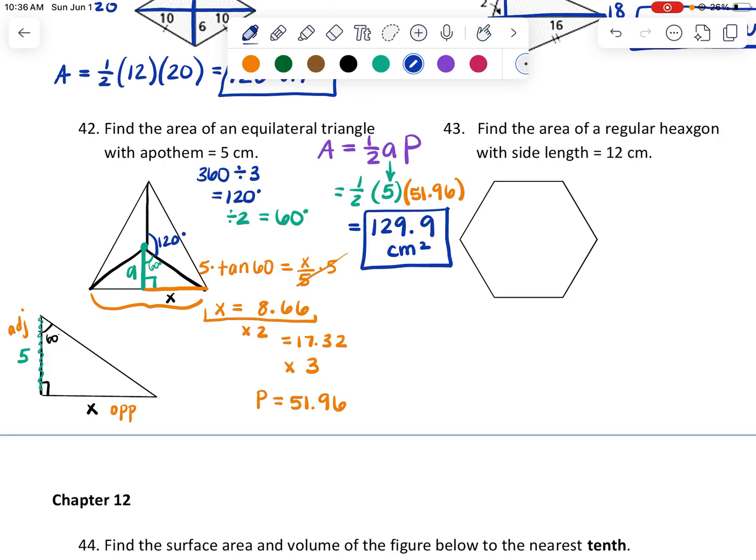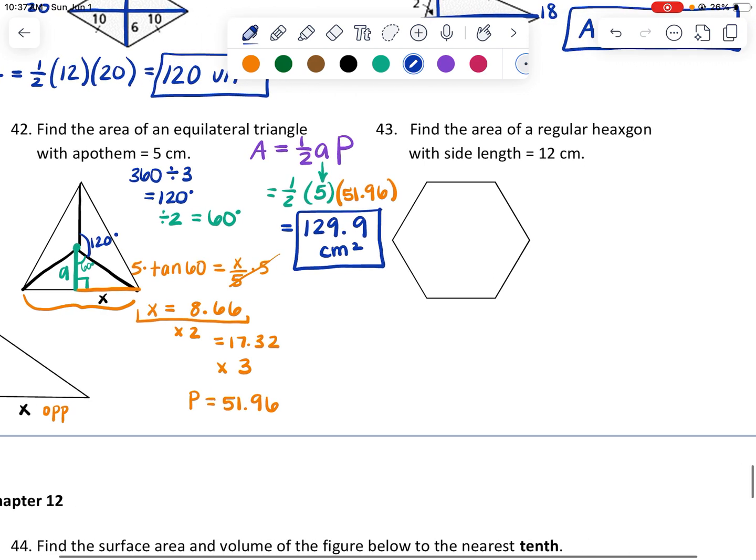All right, let's try it again. Now we have a hexagon, and the hexagon has 6 sides. So I'm going to draw in a center with a couple radii, and the side length is 12. And so then I'm going to get started. So we do 360 divided by 6, which is 60.